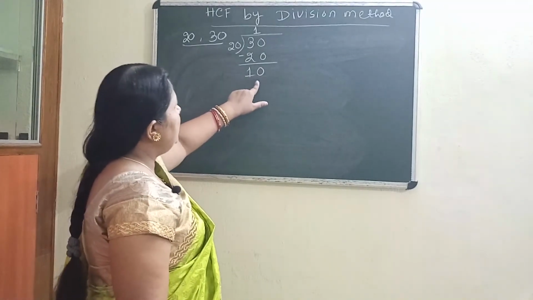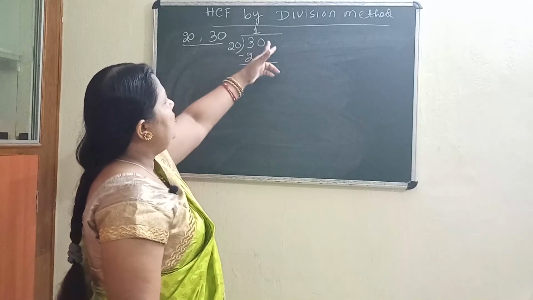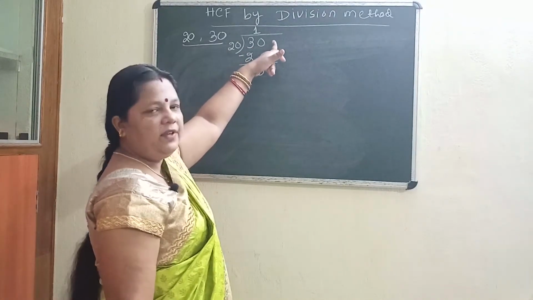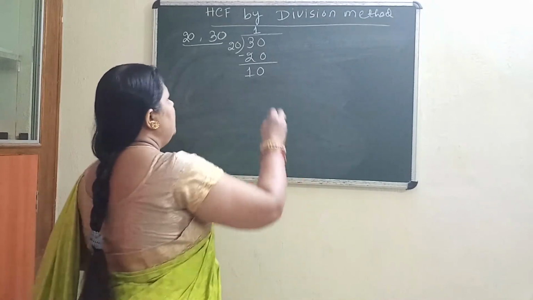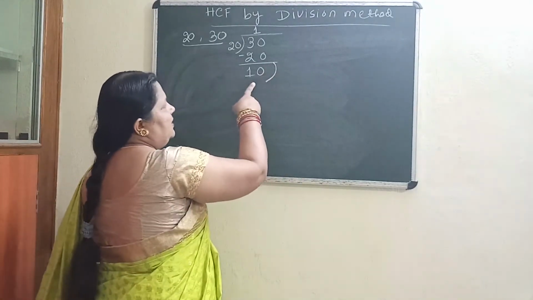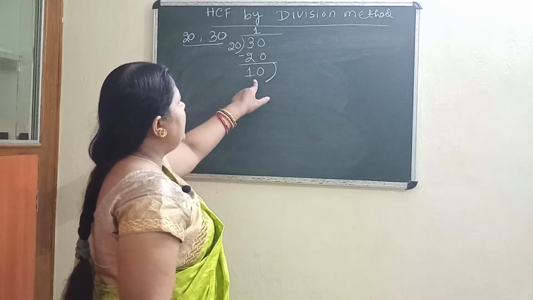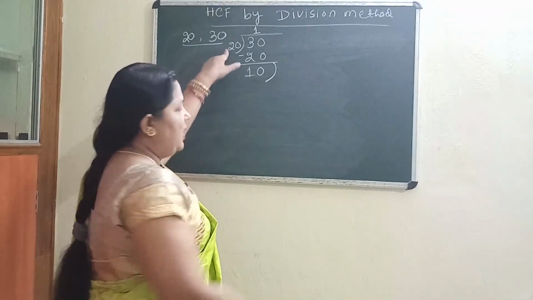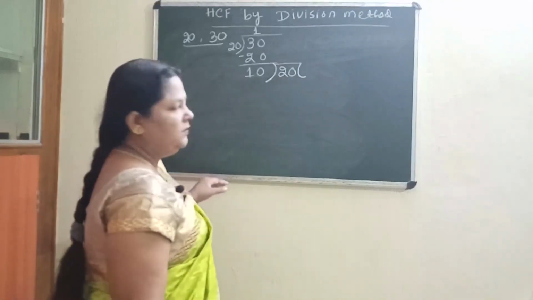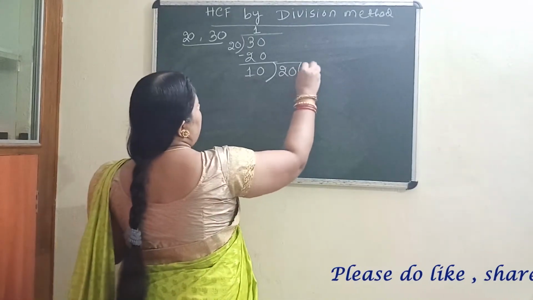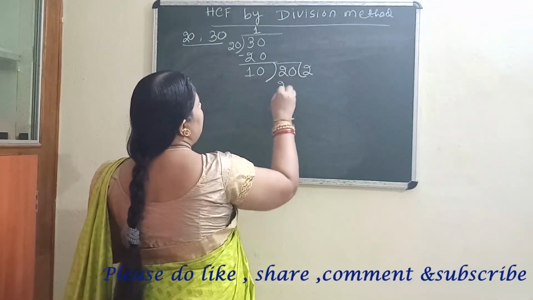So this is the smaller number, this is the greater number, and no more digit is in the dividend also. Okay. So what to do? Here you will divide again by the divisor 20. Okay. So now what are we going to do? 10 2s are 20.